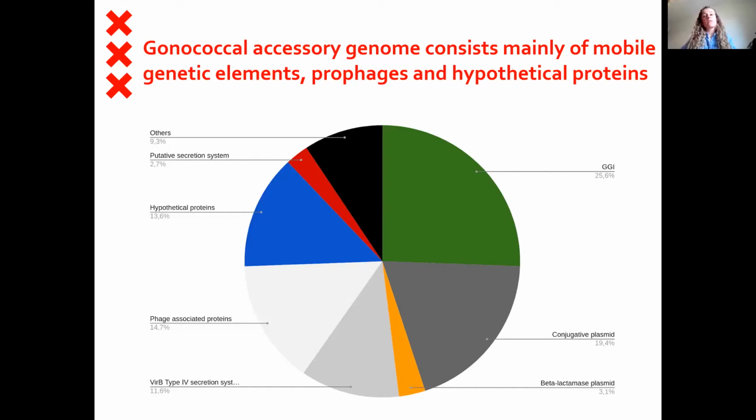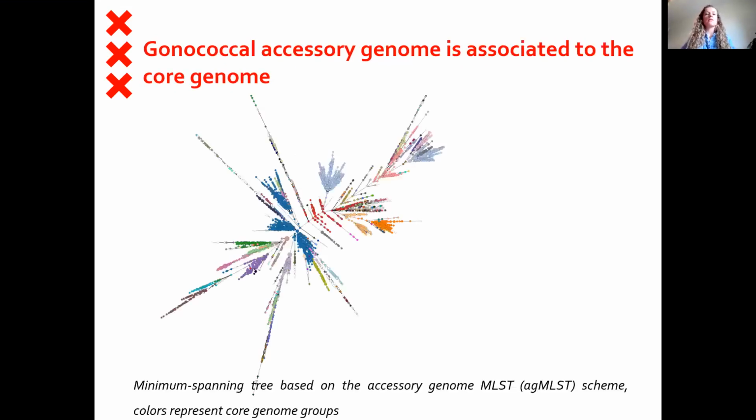Now that we characterized the accessory genome, we were able to create an accessory genome MLST scheme in PubMLST based on all the genes that we identified to be accessory. We made this scheme, and based on this scheme, we made a minimum spanning tree, including all isolates available in PubMLST. And the colors here in this tree correspond to the core genome MLST group that isolate belongs to.